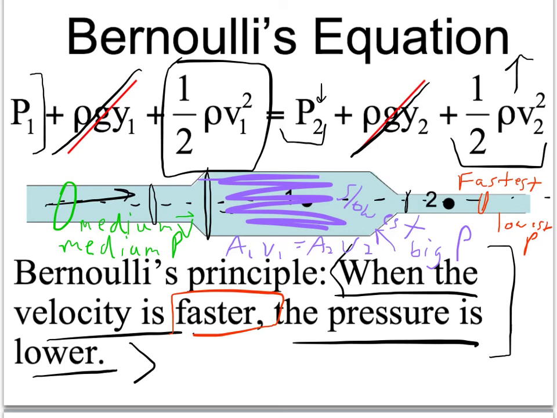Okay? And so you do need to be ready to tie all of those ideas together. Big cross-sectional area, slow velocity, high pressure. Small cross-sectional area, big velocity, low pressure.